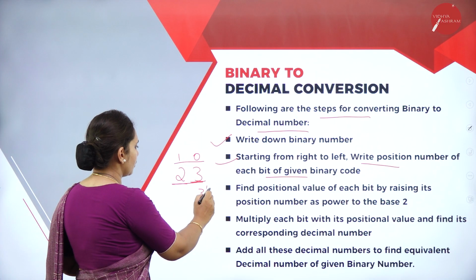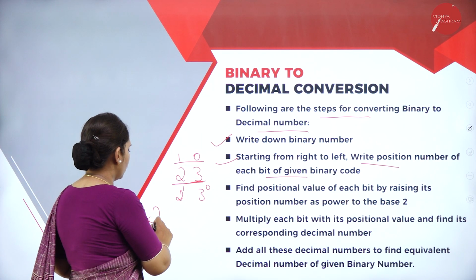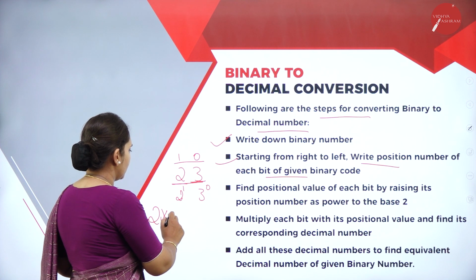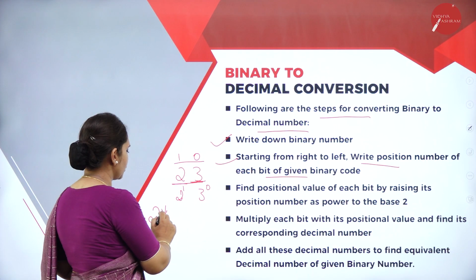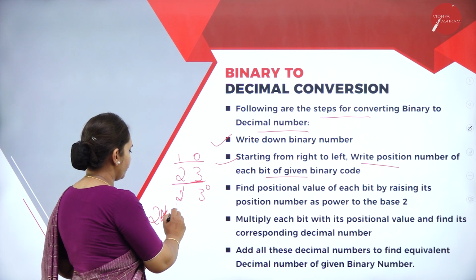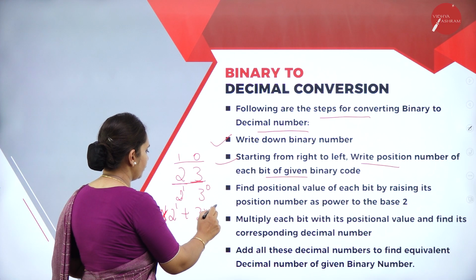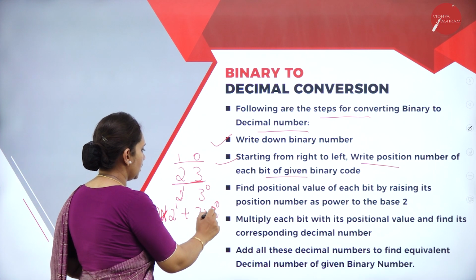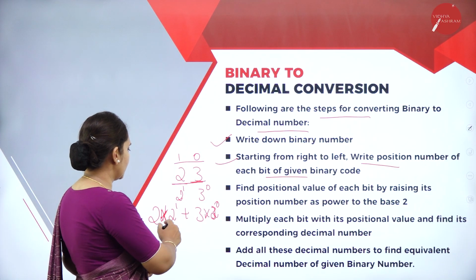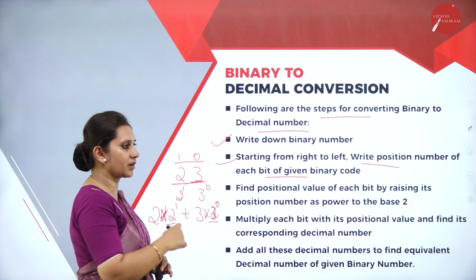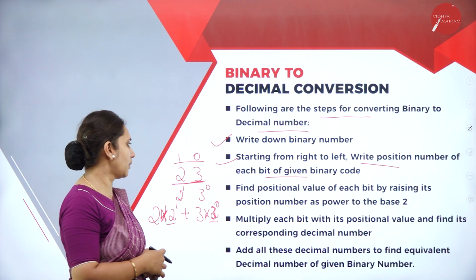So 3 times 10 to the power of 0 and 2 times 10 to the power of 1, that is, 2 into 10 to the power of 1 in the tens place, plus 3 into 10 to the power of 0. That is what I'll be writing if I take a base value. Here the base value will come if I'm converting to binary or any other number system.